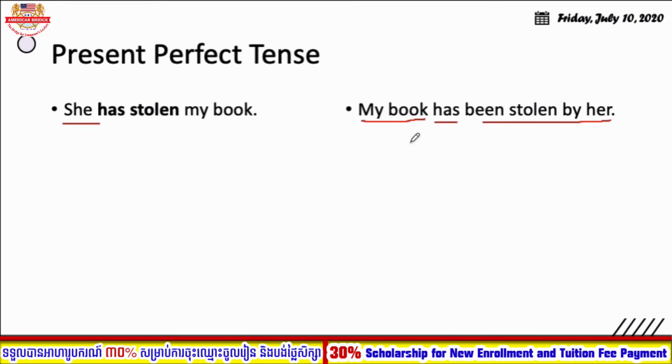So the structure: subject plus have or has, okay, sorry, my handwriting is not good here. Okay, so plus been plus verb past participle.